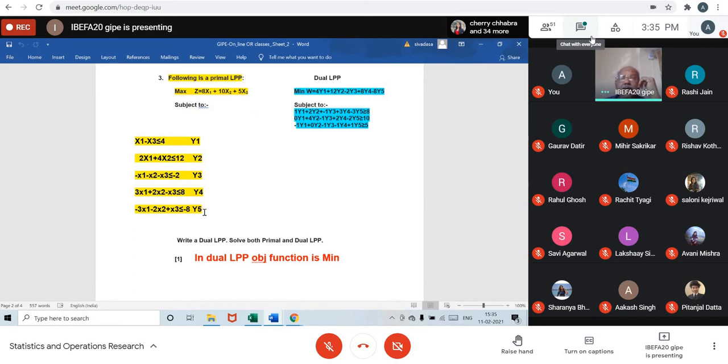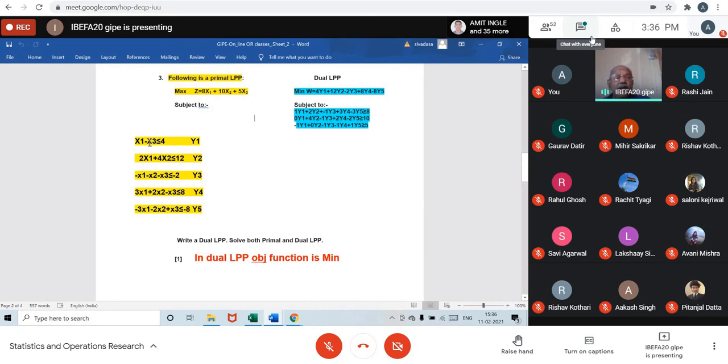And constraints are 3 because you have 3 variables x1, x2, x3 in primal. First constraint, the coefficient of x1: 1 times y1, 2 times y2, minus 1 times y3, 3 times y4 and minus 3 times y5, greater than or equal to 8 is the first constraint.